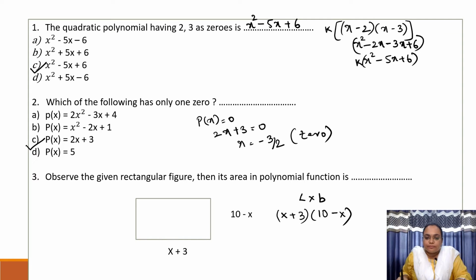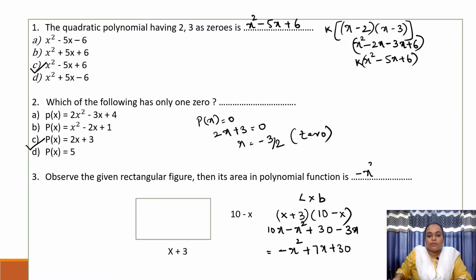That will be 10x minus x square plus 30 minus 3x, which is minus x square plus 7x plus 30. Okay, so it is minus x square plus 7x plus 30.